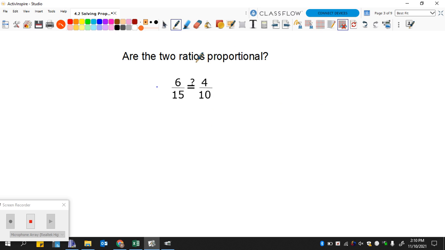This says, are the two ratios proportional? Well, easy peasy. Let's just cross multiply. So we say 6 times 10, is that equal to 4 times 15?